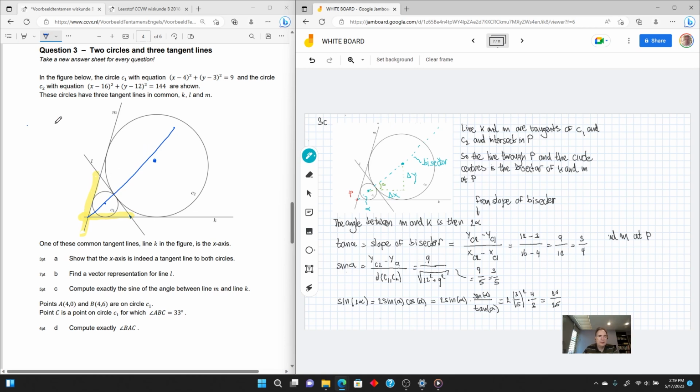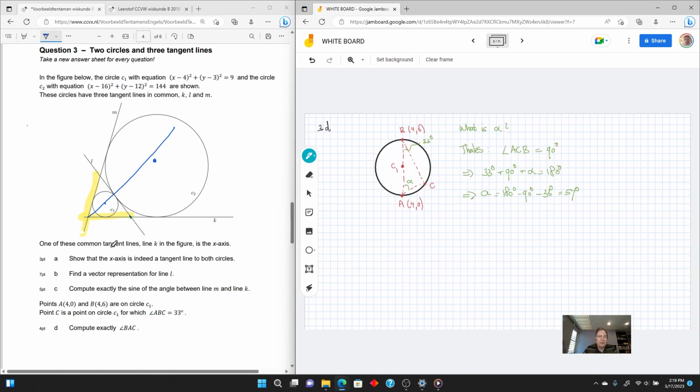And 3D, we have point A and point B on circle C1, and another point C on the circle for which the angle ABC is 33 degrees. So let's draw a circle and put the points on it to visualize this.